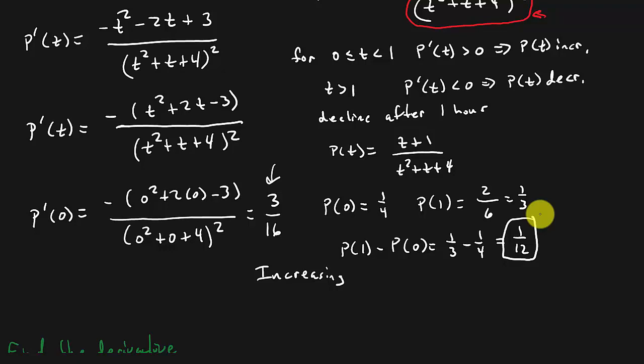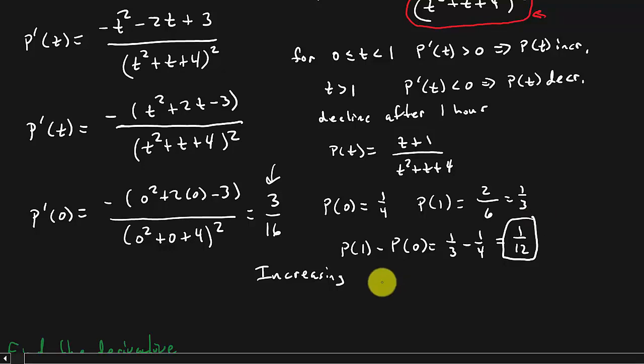And if we take 1 divided by 12 and multiply that times 1,000,000, that's going to be 83,333 bacteria.